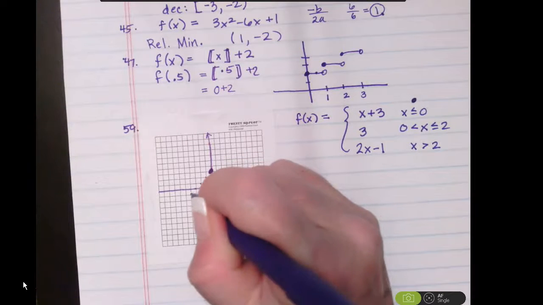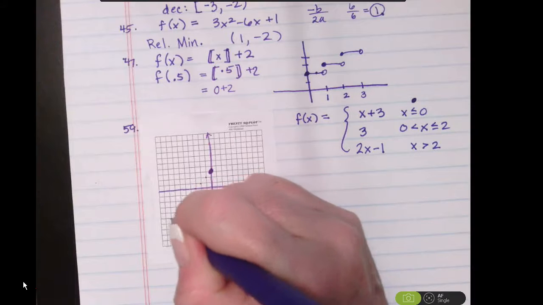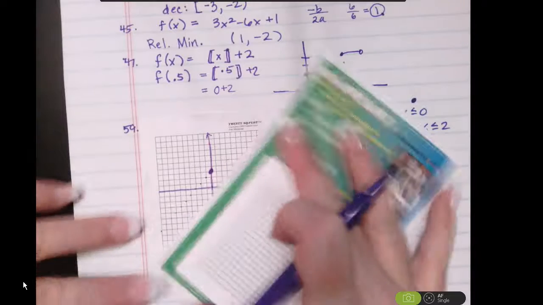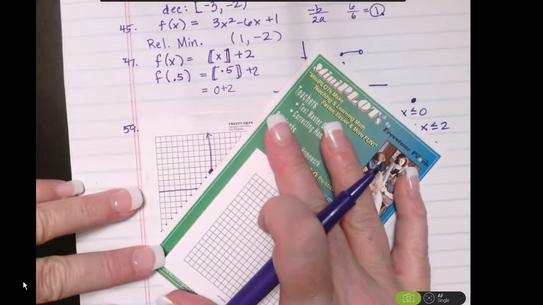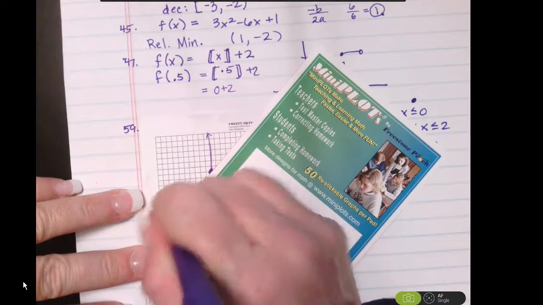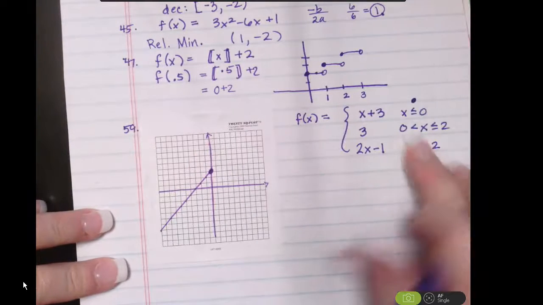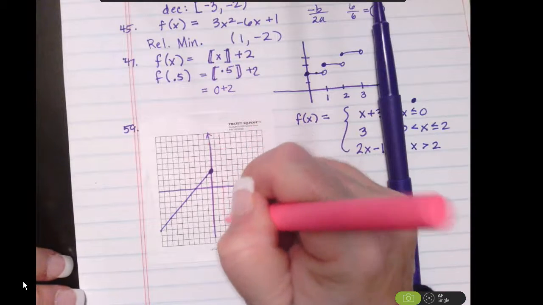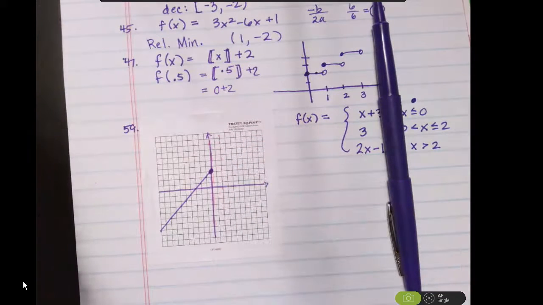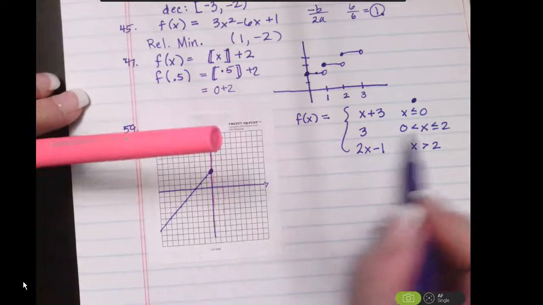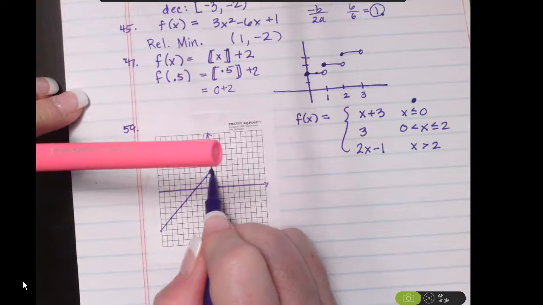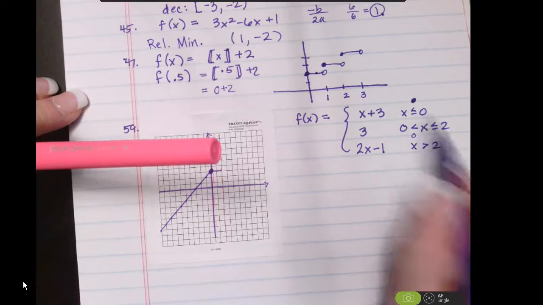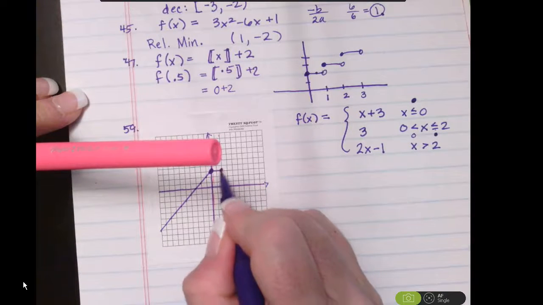So that graph is going to be a positively sloped line. Use my straight edge. Alright, now between 0 and 2, it ends at 2, and that function y equals 3, or f of x equals 3, and I had an open circle there, but it was right on top of this closed circle, and here I have a closed circle.